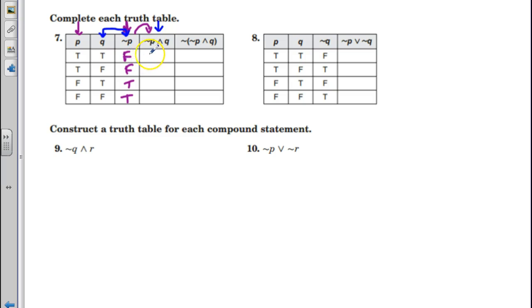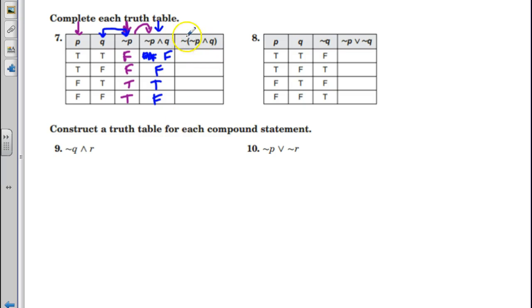I have false and true, that's what this says on this first line. False and true is a false. False and false is a false. True and true, it's an and, so if it's both true, it's true. The only way I'm going to put a T in this column is if they're both true.